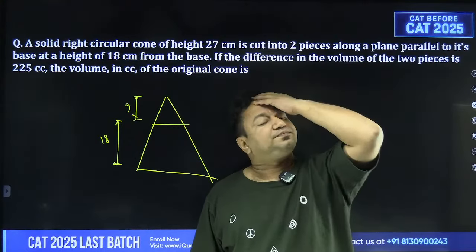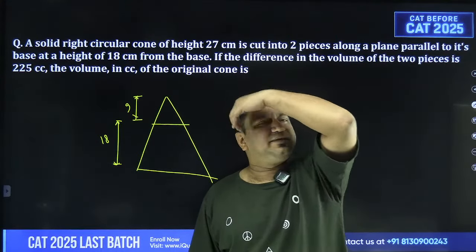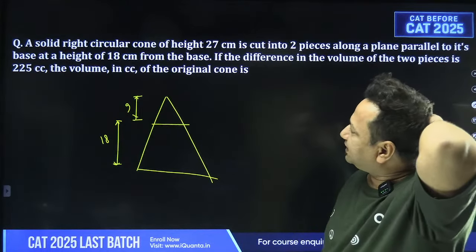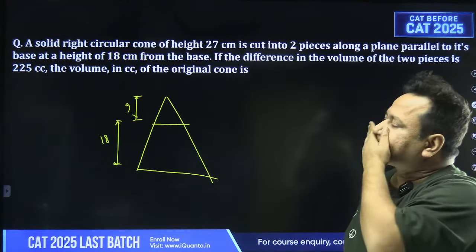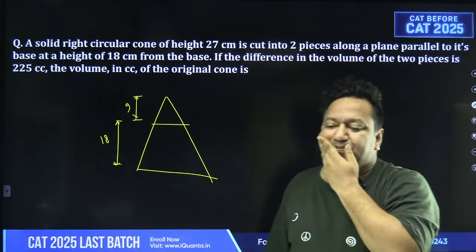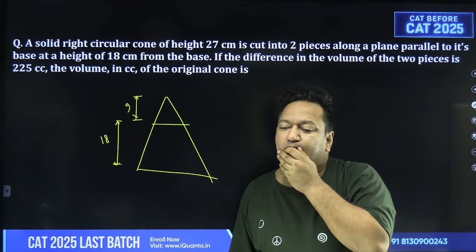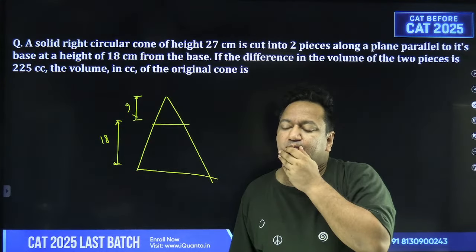Tell me, guys, how have you done it? By using similarity, or you actually tried to calculate the volume and then subtract and then get something? Yeah.